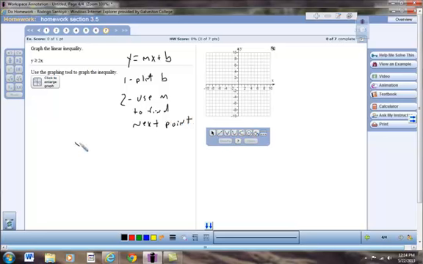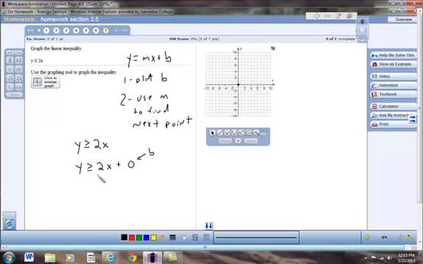As long as y is by itself, it's a nice setup. Here we see y is by itself. Remember, this is the same thing as saying y is greater than or equal to 2x plus 0. In other words, the main thing is this is our b. So what we do first is we plot our b, which is 0.